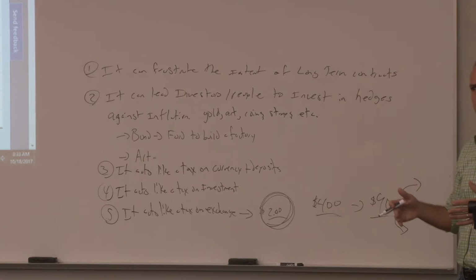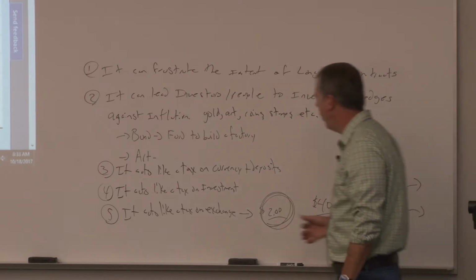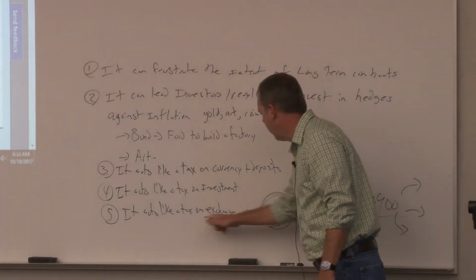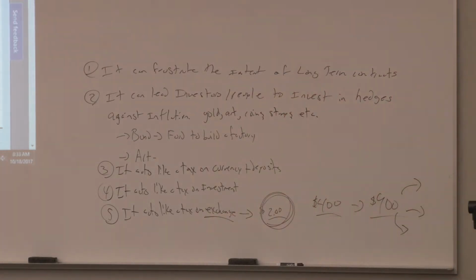Or is the price here abnormally high, or abnormally low, or what's going on? I mean, it's a tax on exchange. You have to expend energy on this process of buying the good or the service, if you don't buy it on a day-to-day basis, if you're not really familiar with it.